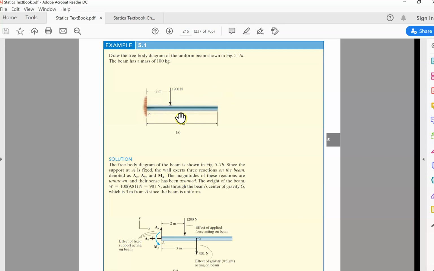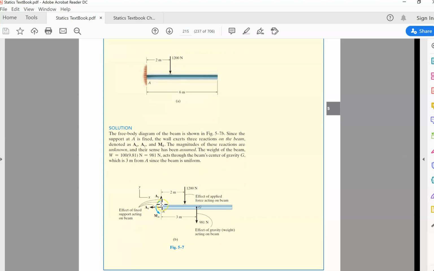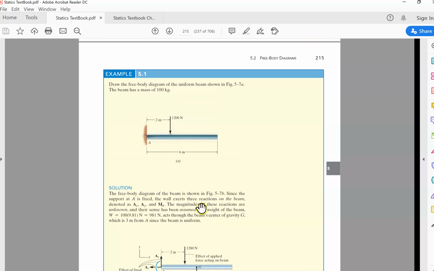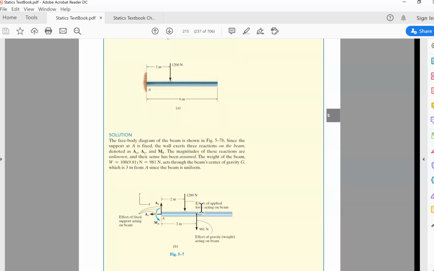What's given to you is an idealized model, so you need to draw a free body diagram of the beam. You draw this beam, and then you draw the 1200, which is given in the question, so do not delete it, and then you draw the weight. The weight is at the middle of the beam. How do you get 981? Because 100 kilogram multiplied by 9.81.